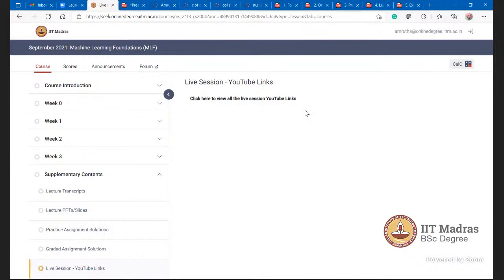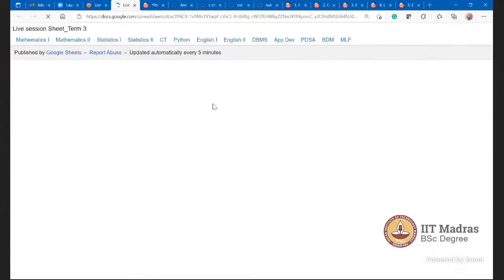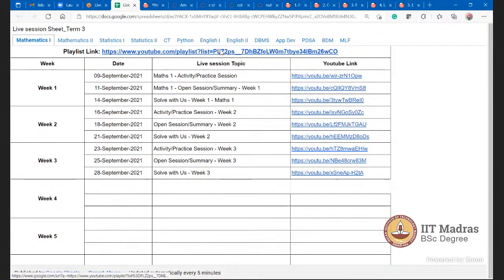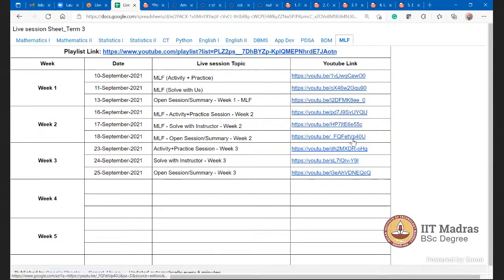The first tab is the default tab, which is Maths 1. There is an MLF tab; if you click on that, you will see the links. Everything is consolidated from different subjects. That may be the problem from my side, because in previous trimesters there were separate links for separate subjects. I thought this YouTube link itself was leading to Maths 1. I understand that now. Thank you very much for clarifying that.